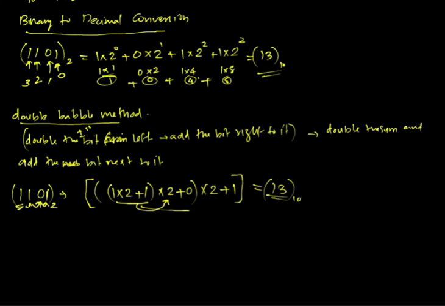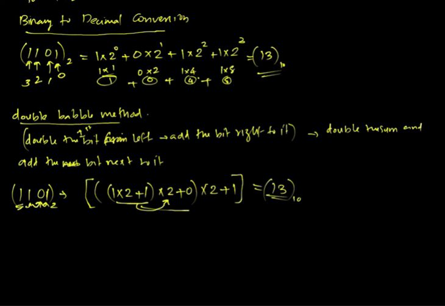So with either of these methods, that is, representing the weight of each digit in terms of its base, expanding and doing the calculations, we will obtain the corresponding decimal number, or we can use the double dabble method.